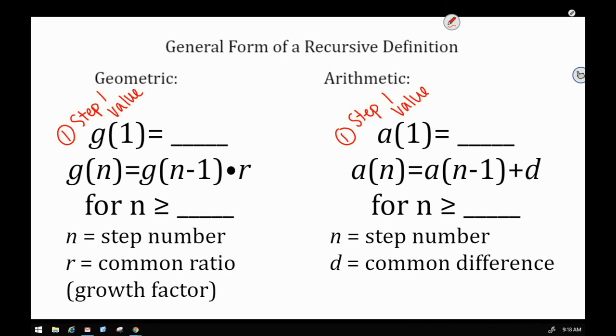Okay, the next part, G of n or A of n, is your general rule. That's how to find any other step ever. General rule.